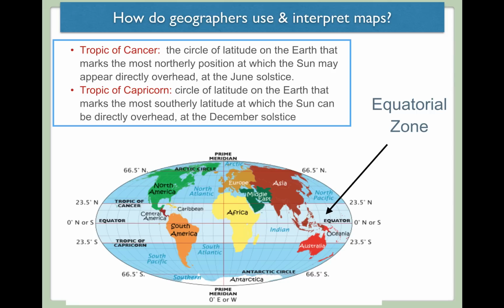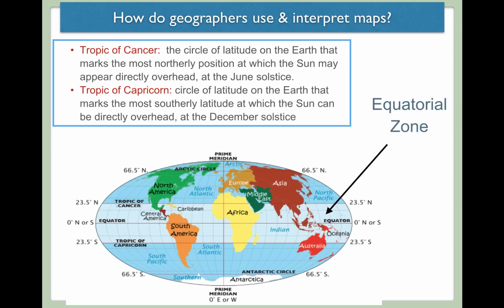It's the area of the world that is considered to be the low latitudes, because that makes perfect sense. We're speaking mathematically: 0, 1, 2, 3, all the way up to 23.5, and 1, 2, 3 all the way down for 23.5 degrees south latitude. That zone around the Earth is called the equatorial zone.